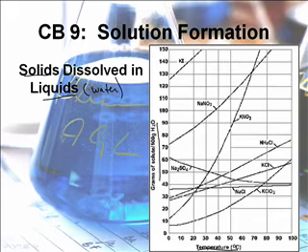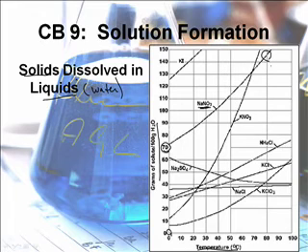Water is the solvent. For example, I have sodium nitrate. At 0 degrees, you could dissolve 70 grams of sodium nitrate in water. However, if you were to come up here to 80 degrees Celsius, you could dissolve 150 grams of sodium nitrate in water. So it's a function of temperature.